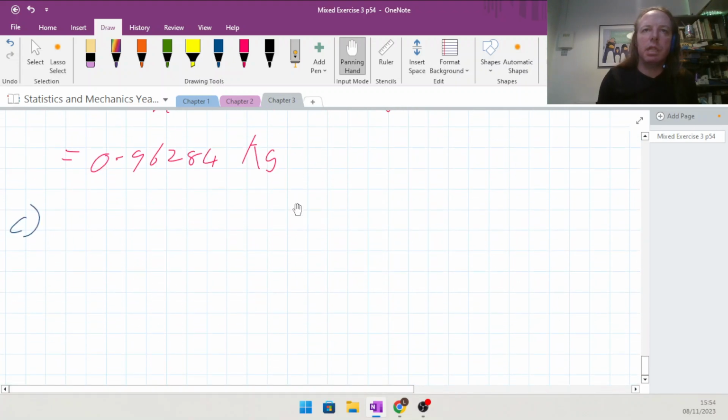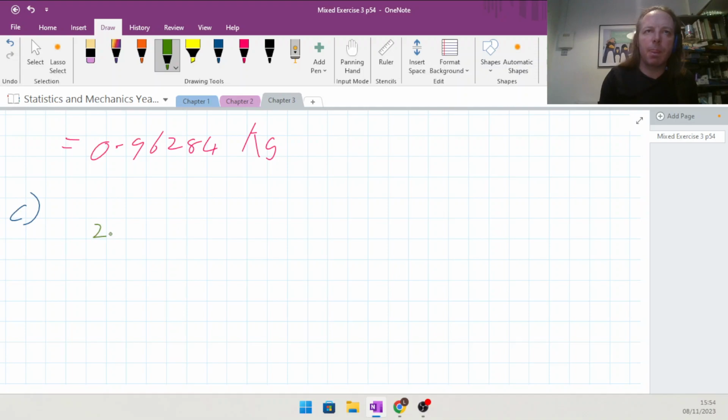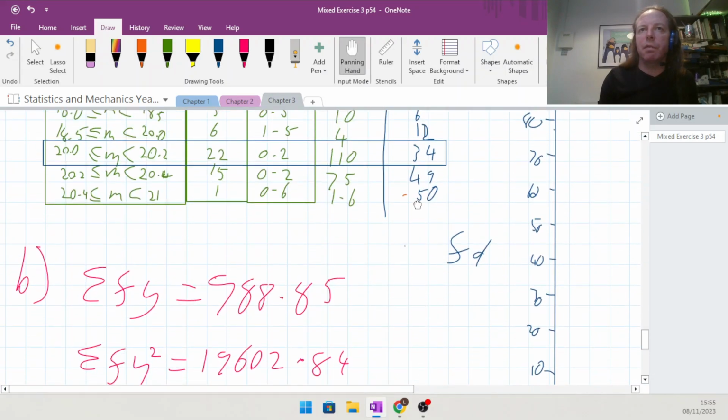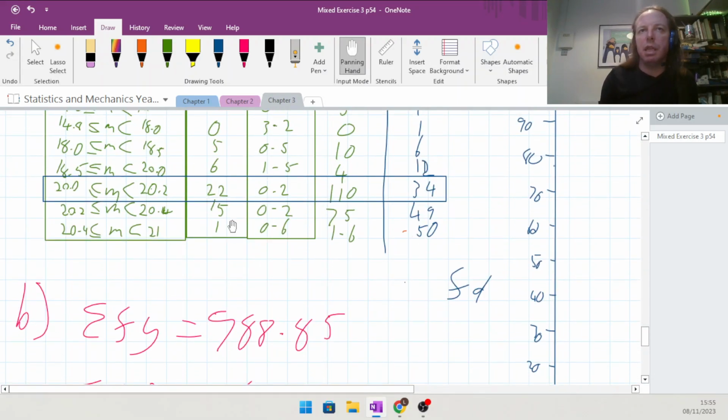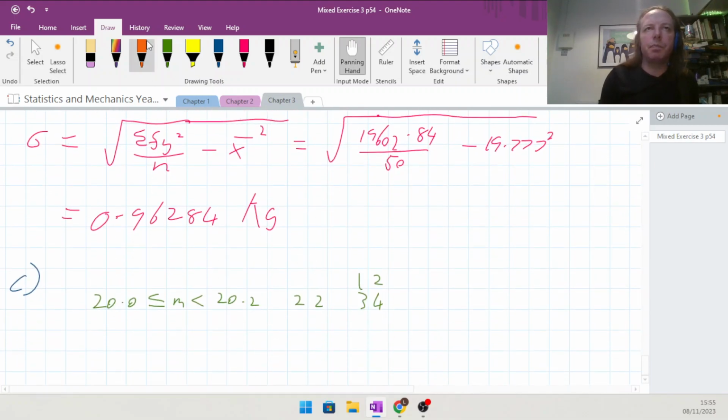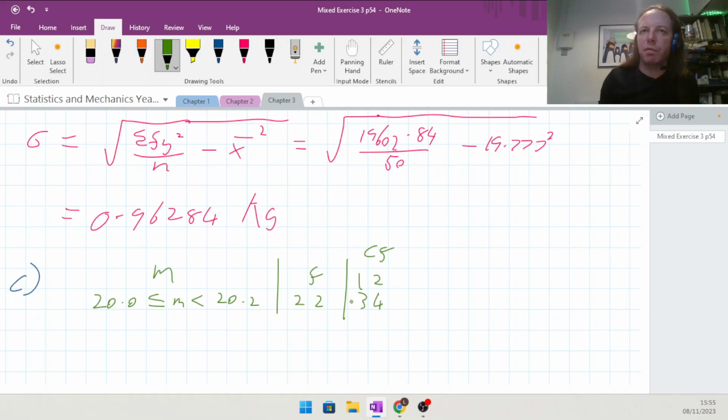That's 20 to 20.2, with a frequency of 22 and a cumulative frequency of 34, and 12 as the previous cumulative frequency. So there's your mass, your frequency, your cumulative frequency.